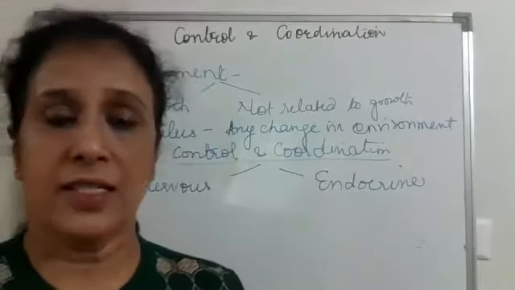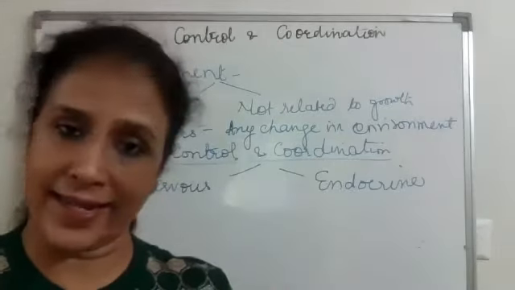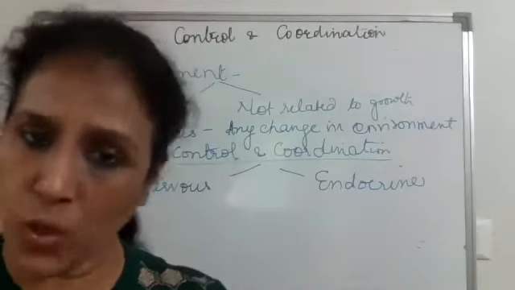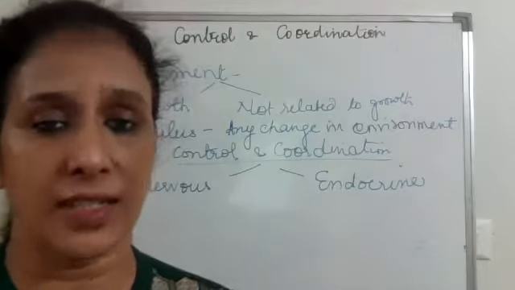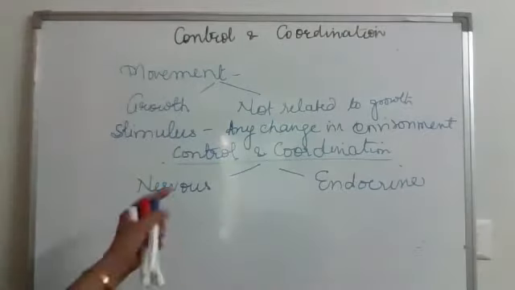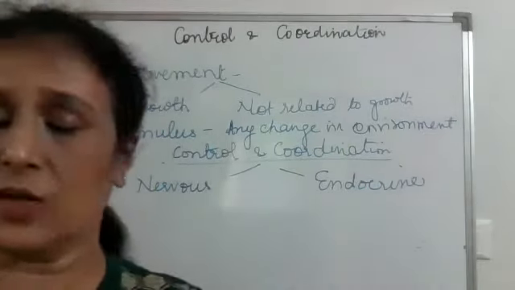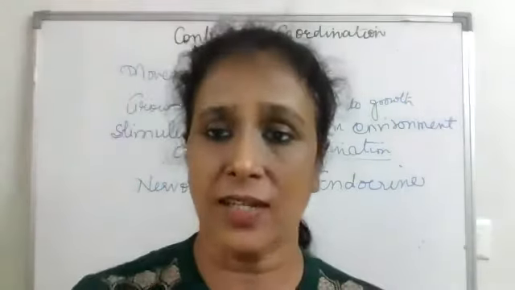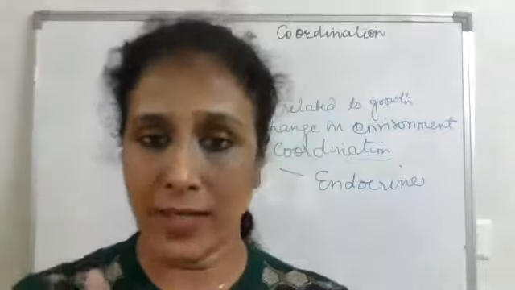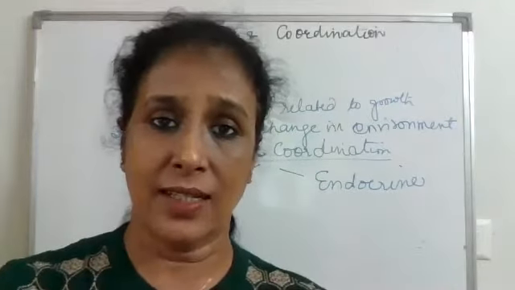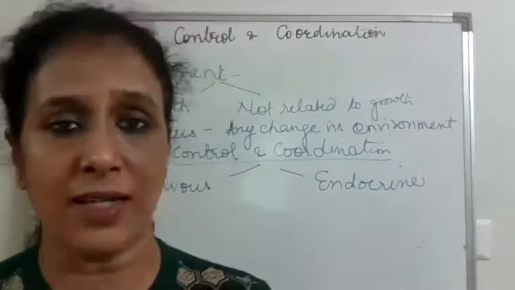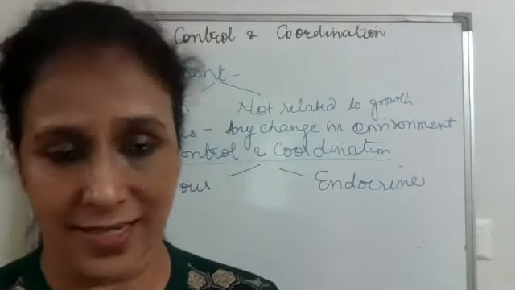In plants, there is no nervous system, or at least we don't know any such system in plants, but they do have a chemical coordination in their body. So in animals, in all higher animals, in human beings, there is coordination at two different levels. One is at nerve level, that is the nervous system, and second is by means of chemicals, that is known as the endocrine system.